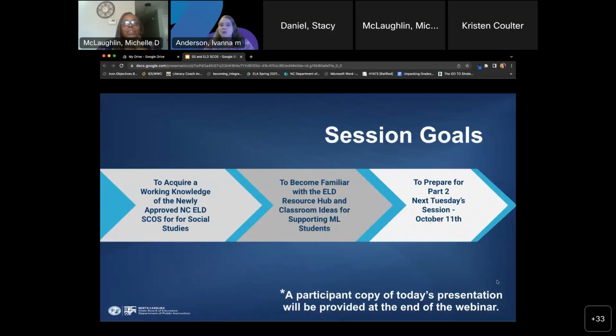So our session goals, we have 3 parts today. The first one is to acquire working knowledge of the newly approved North Carolina ELD standard course of study for social studies. As we're doing that, we want to become familiar with the resource hub. We have a standards resource hub that includes a lot of classroom ideas for supporting your multilingual learners within your social studies classes.